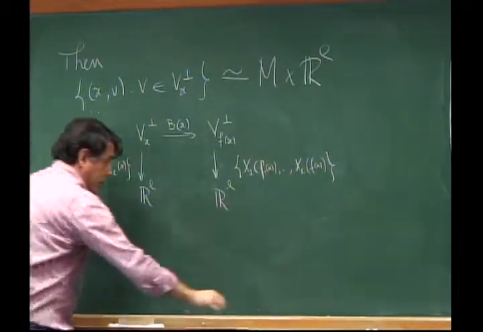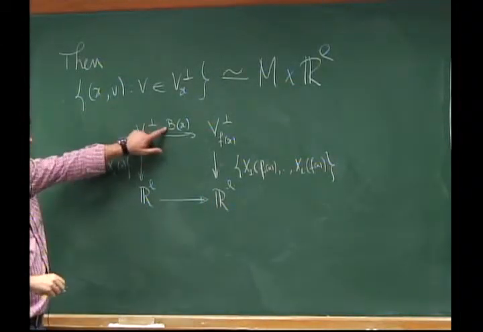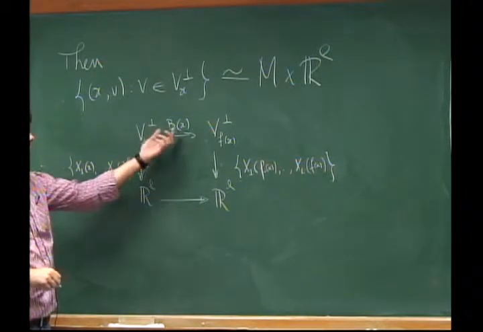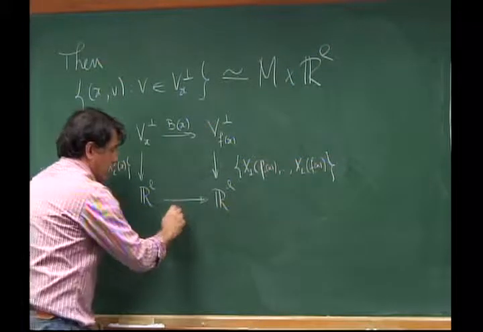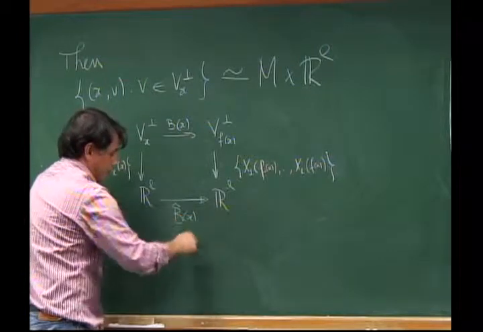And then you have a map here, which is just B of x written in these bases. It's like you take this matrix and you change the basis. So you have here another map, B hat of x.